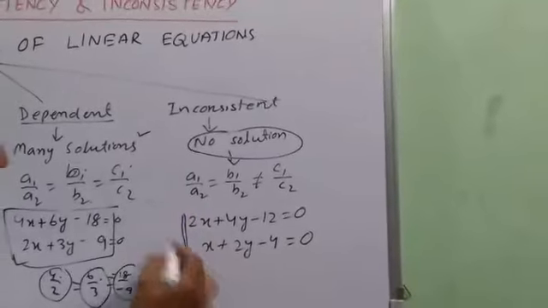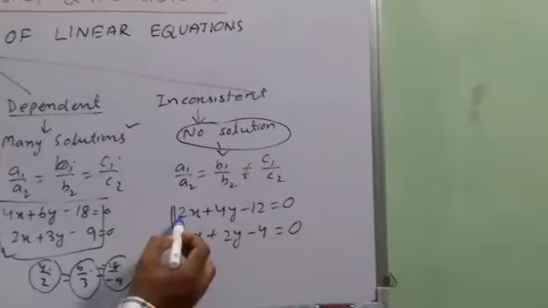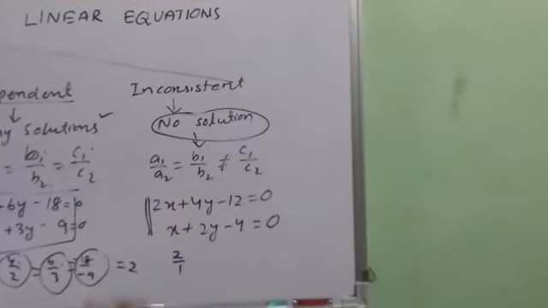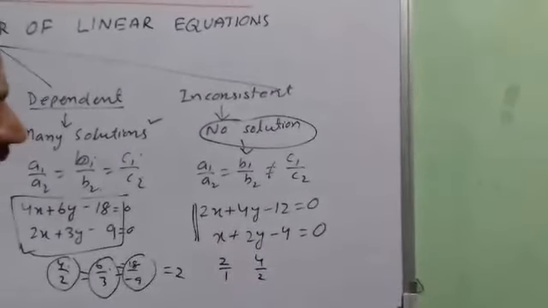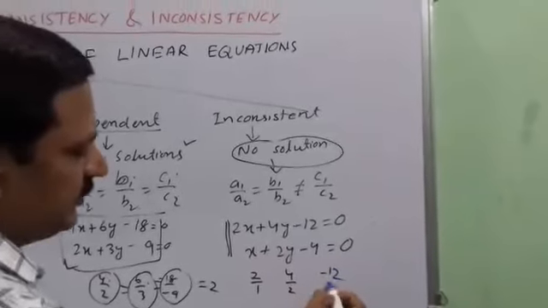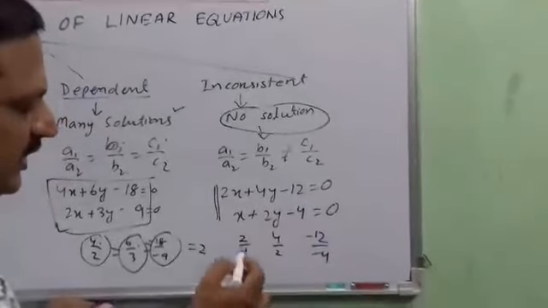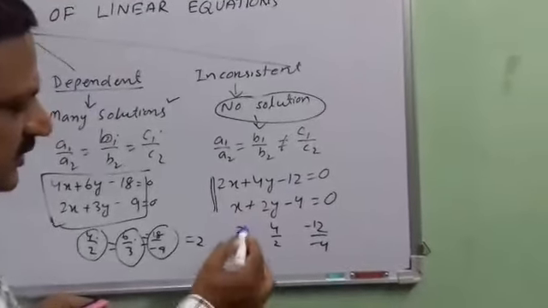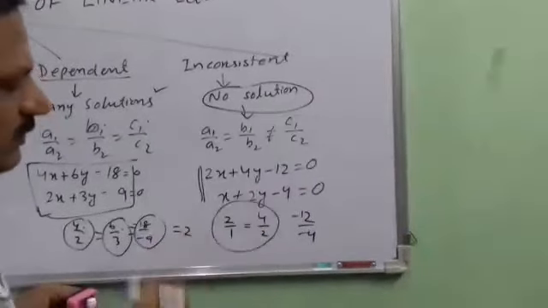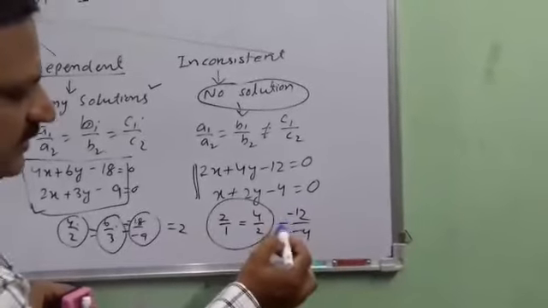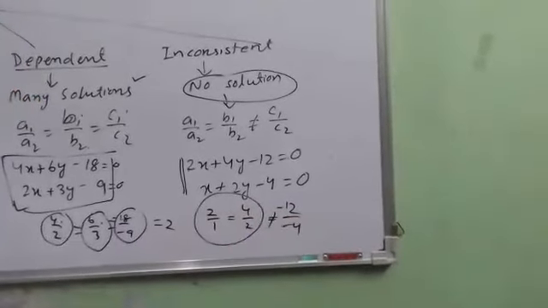Look at these two equations. Here we have a1 by a2, it is 2 by 1. b1 by b2, it is 4 by 2, and c1 by c2, minus 12 by minus 4. And you see this is 2, this is also 2, that means these two are equal, but you see this is not equal to 2, it gives you 3.